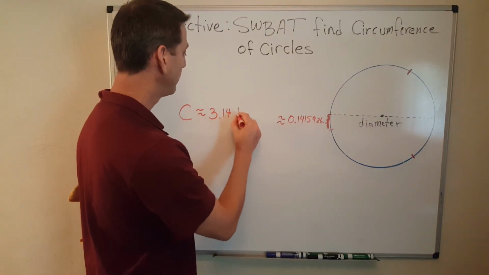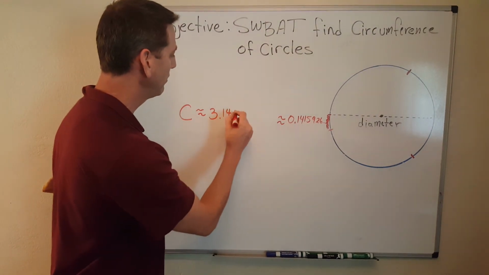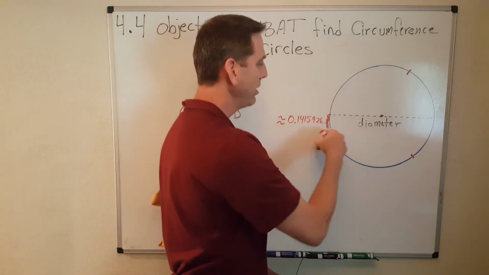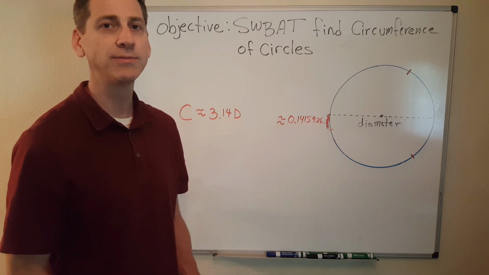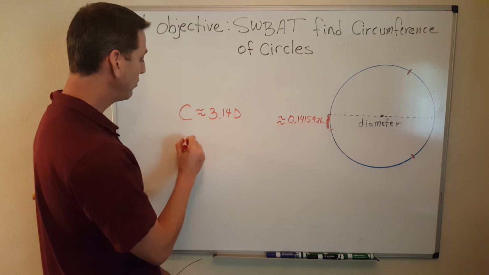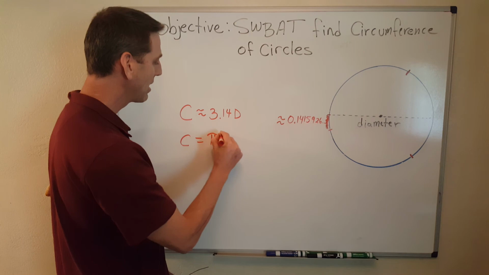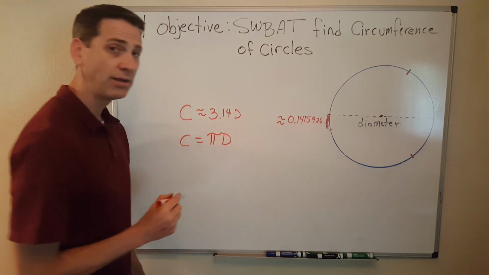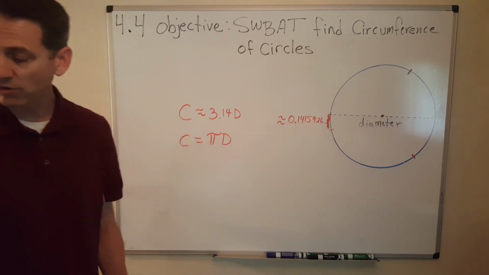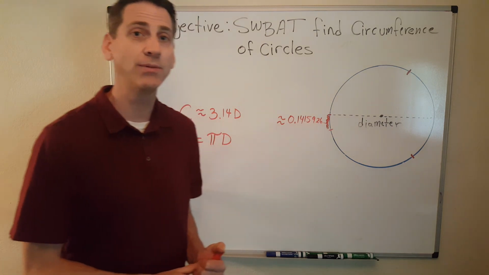I'll just put a D. Usually we use a capital D, I believe. That's all the circumference is. It's about 3.14 diameters. So we can write this more exactly as C, the circumference, equals pi d. Pi diameters.